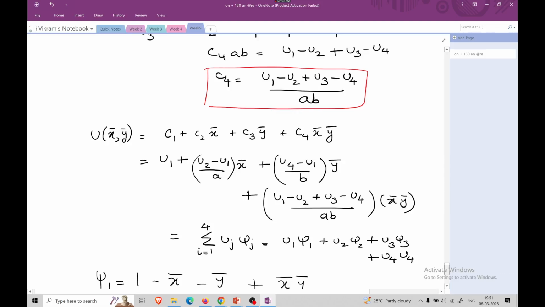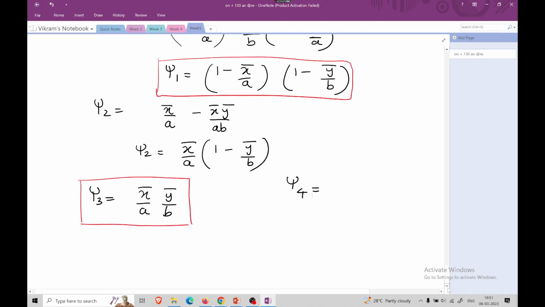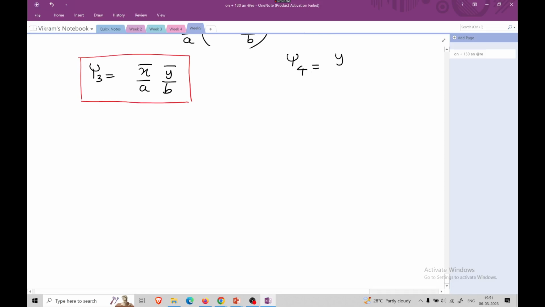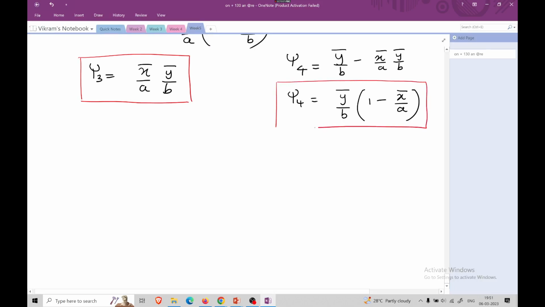I think here one is there, y bar by b is there, and then minus x bar y bar by ab. So if I take y bar by b common, 1 minus x bar by a. So we have got psi 1, psi 2, psi 3, psi 4.